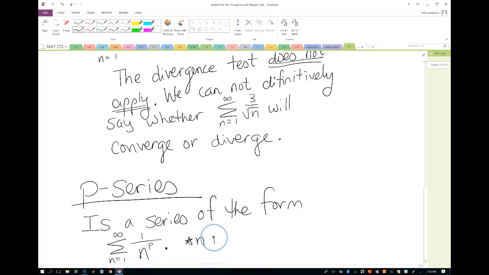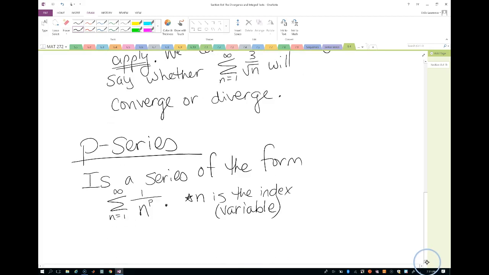It's like the variable. So it's very important that it is in the denominator and it's the base of that exponential piece. P will be a number. And based on the value of P, we can say whether this particular series will converge or diverge.